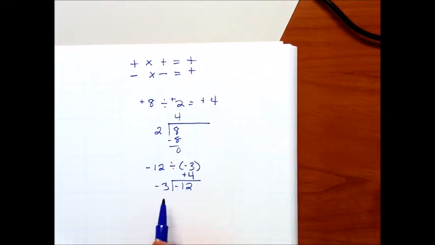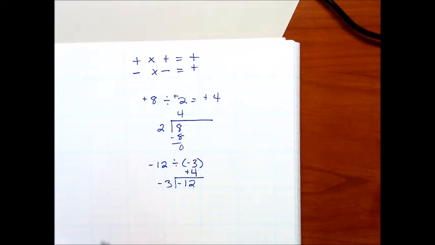Now, if you have a positive and a negative, so positive times a negative, or a negative times a positive, we found out earlier that you're going to get a negative answer.